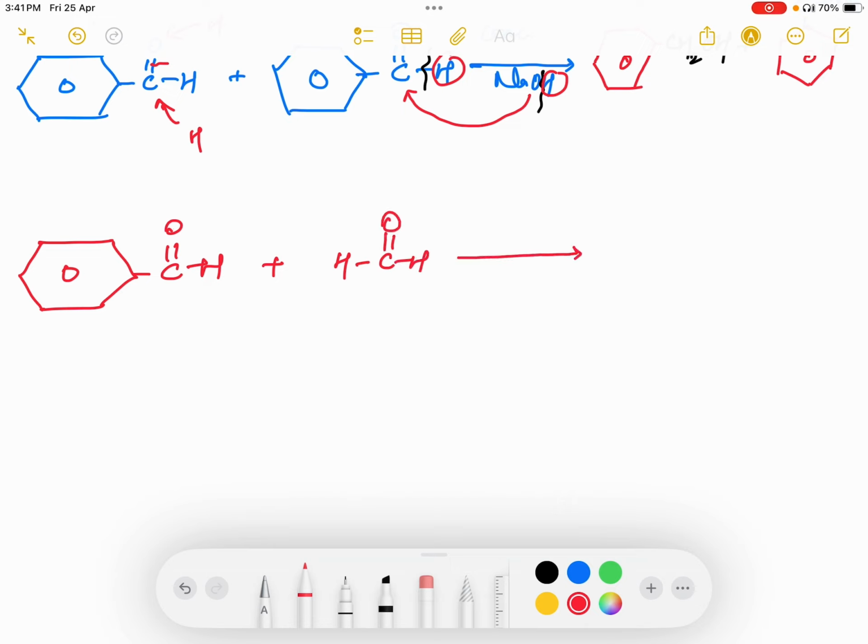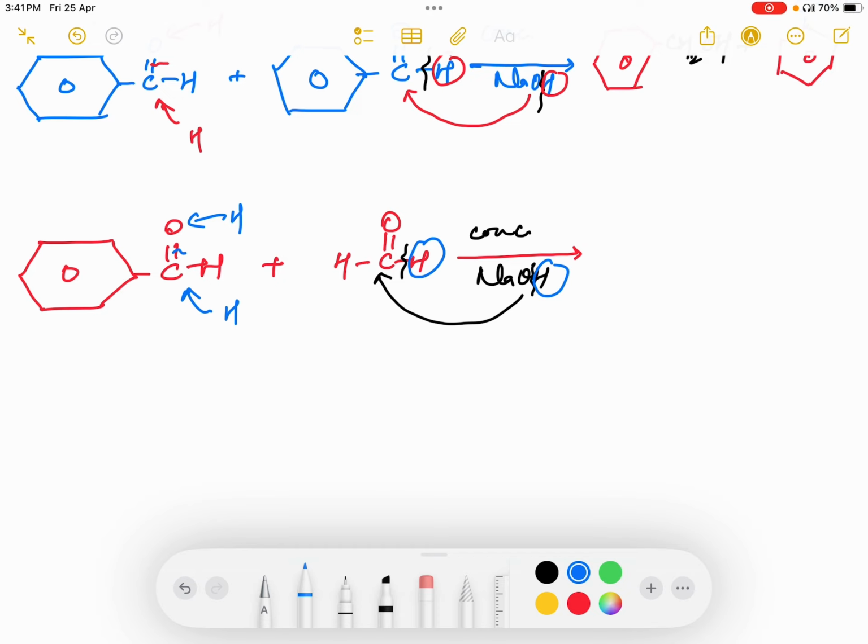So the reaction will take place in the presence of concentrated NaOH. What will happen? Again, the bond will break. The O and Na part will come and attach here. And these two remaining hydrogens will move and attach, one at this point and the other at this point to form alcohol.